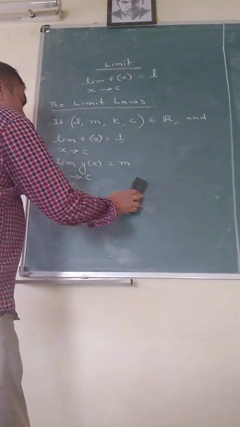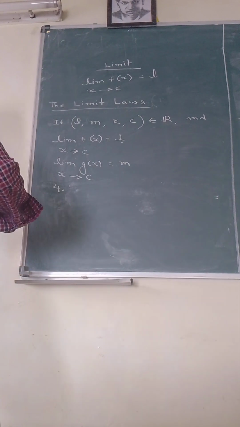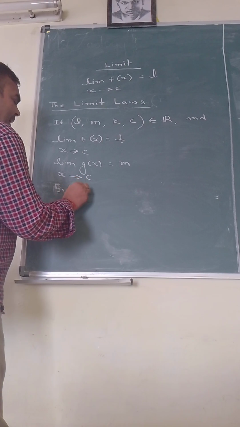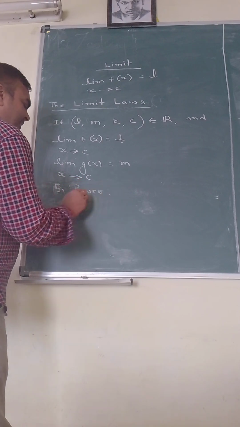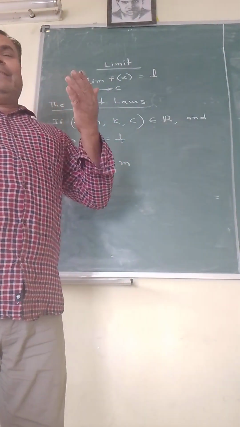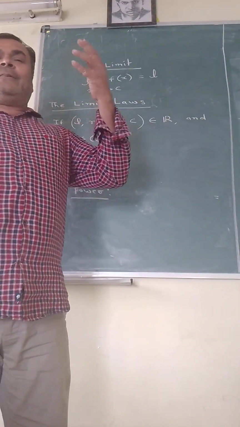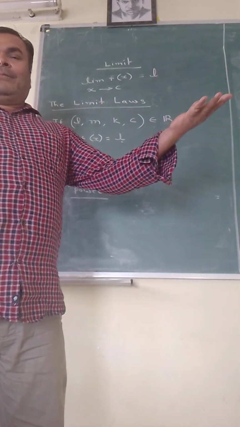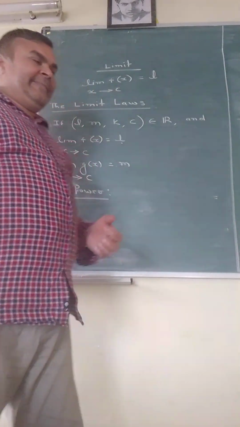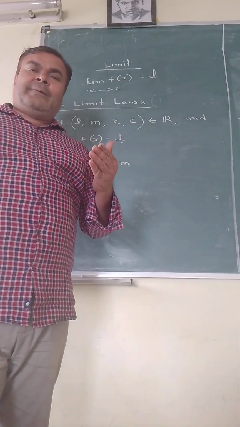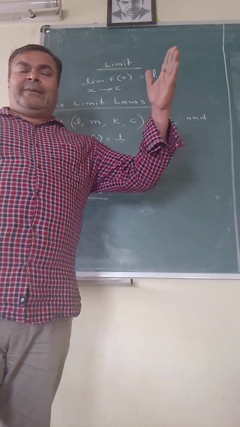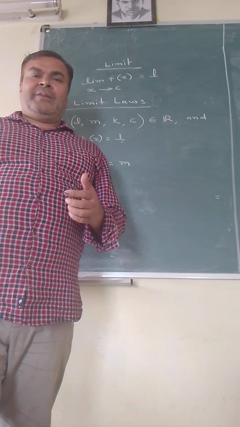Thereafter, power law or index law. The fifth one is referred to as the power law or index law. What do you mean by power? There is any base raised by a number, definitely it is referred to as power or index, representing the multiplication cumulatively.